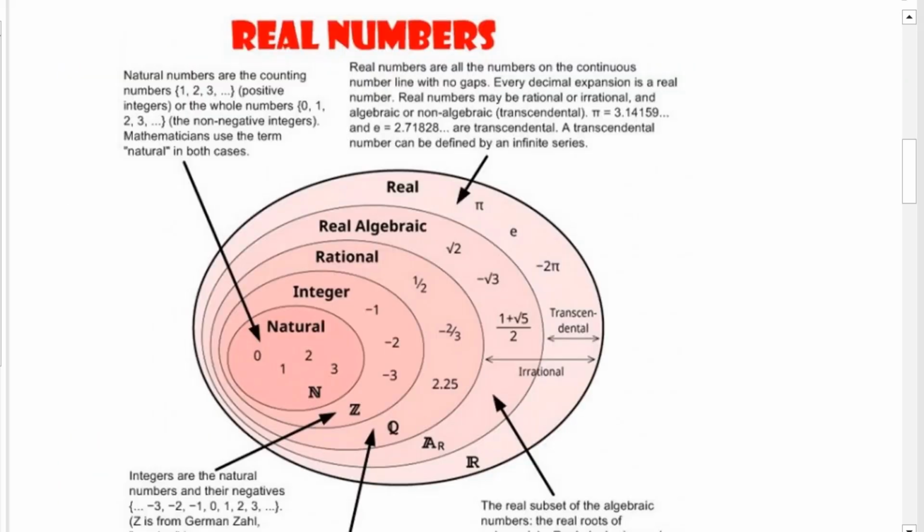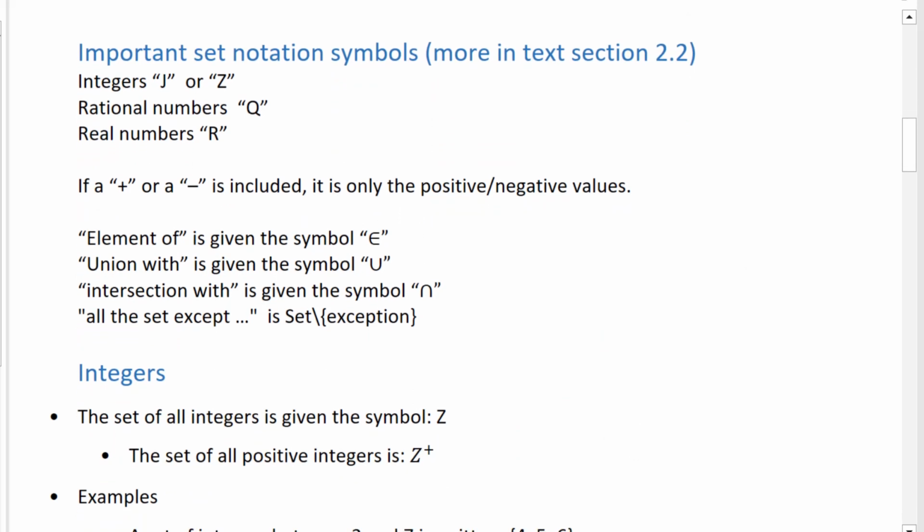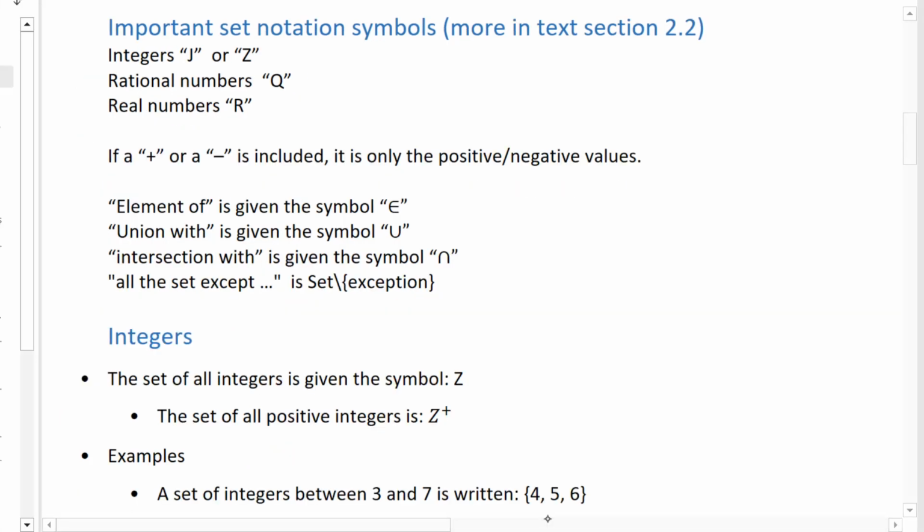So all of these numbers are real. 0 is real, -1 is real, half is real. So we have all of these symbols, element of, union with, write all these down, intersection with, all the set except. So writing a set, we use these squiggly brackets.